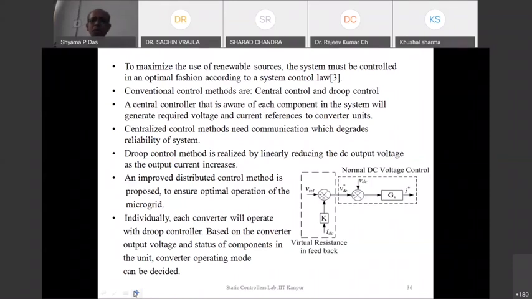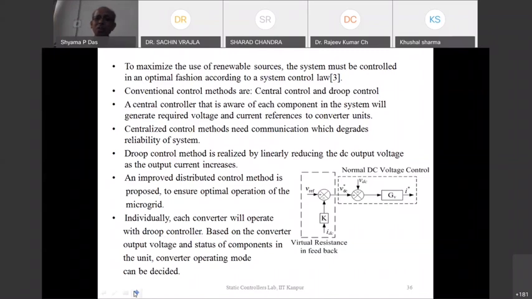So this is a droop method of sharing power, and the droop is decided based on the corresponding rating. If a source is a strong source, if the battery has a lot of ampere hour, this K can be very small for the battery storage. But if the battery is a small battery having a reduced ampere hour, K can be relatively higher. Similarly, if we have 500 kilowatt of PV available, the corresponding K can be made smaller.